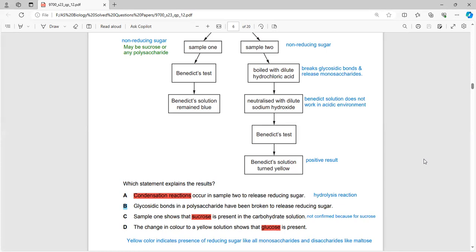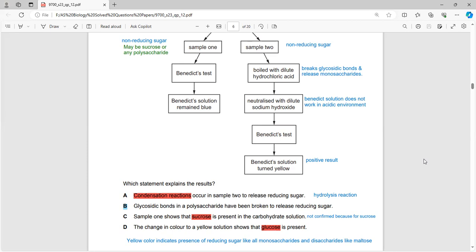Option C: sample 1 showed that sucrose is present in the carbohydrate solution. Now you can see sample 1 is giving a negative result with Benedict's solution, but it doesn't confirm that this is sucrose. It may be sucrose or it may be a polysaccharide, because they are non-reducing sugars.